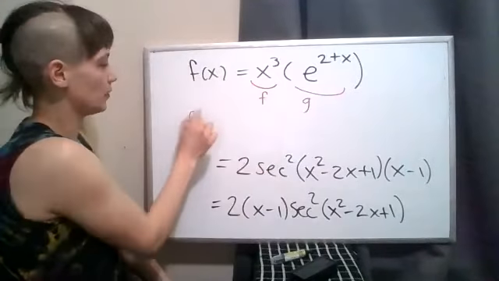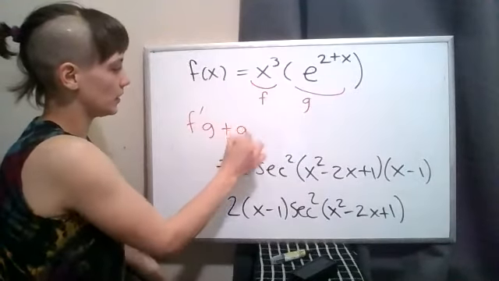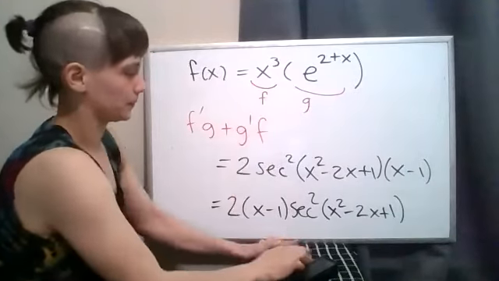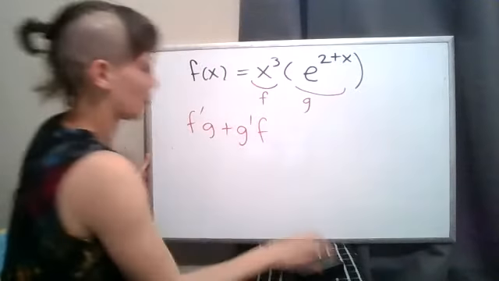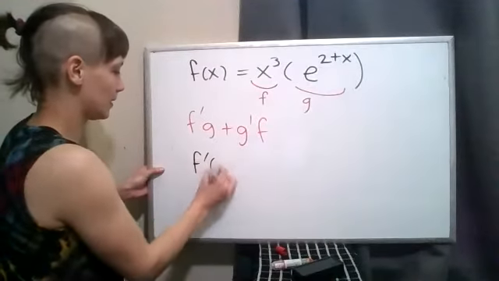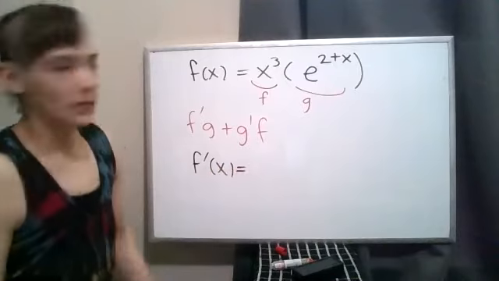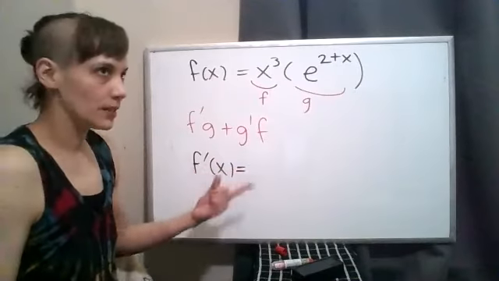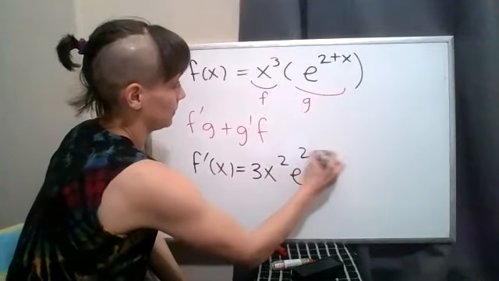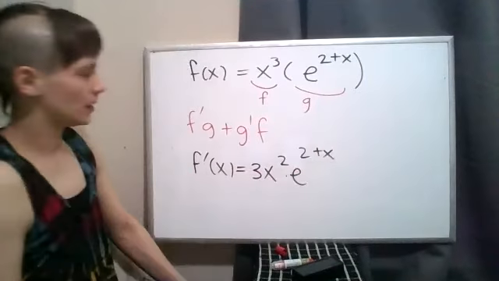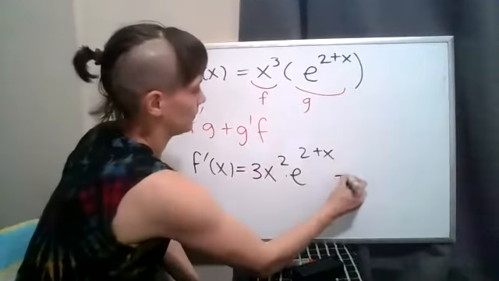I want f prime g plus g prime f. Okay, f prime is 3x squared times g plus g prime.